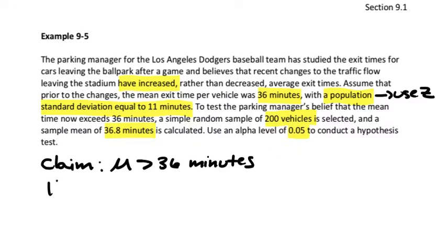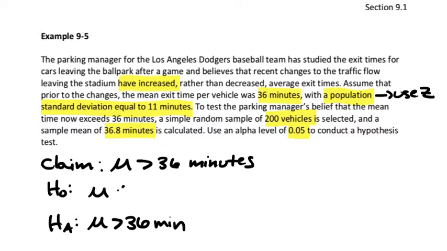So my null and alternative hypotheses: my alternative hypothesis goes with the claim. So that's going to be that the mean is greater than 36 minutes. My null hypothesis will be opposite of that. So my null hypothesis is that the mean is less than or equal to 36 minutes.